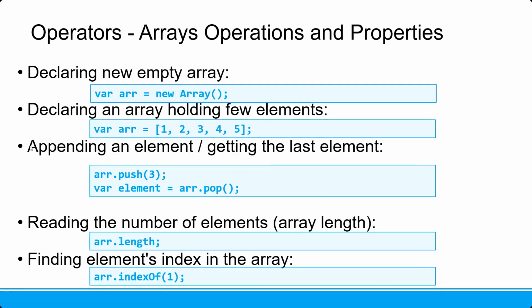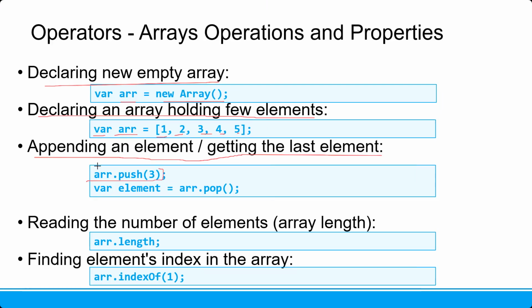So we can do other kinds of operations for arrays. For example, I want to declare a new empty array. So the variable arr is a new array. And then we can declare an array holding a few elements. So we have var arr 1, 2, 3, 4, 5. We want to append a new element or get the last element.